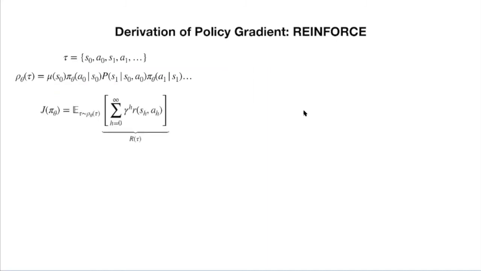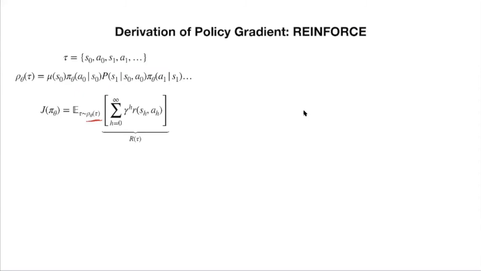All right, so let's write out the objective function using this trajectory distribution. I sample a trajectory from this distribution, and inside this expectation it's just a straight sum of the rewards on this trajectory, right? This is by definition the expected total reward of this policy.